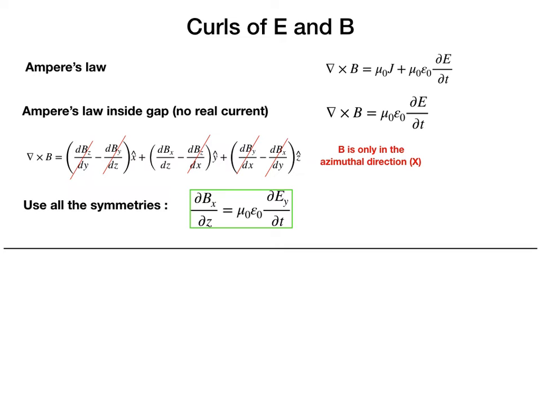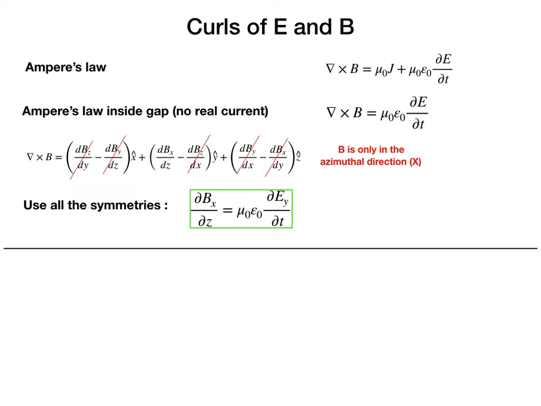So this is the full-blown Maxwell's equation. Now we'll start the analysis and see they're not as scary as they seem. Taking the curl of B and just remembering that many terms cancel, we are left with only the term on the left hand side in the green box: the derivative of the x component of B with respect to the propagation direction z.